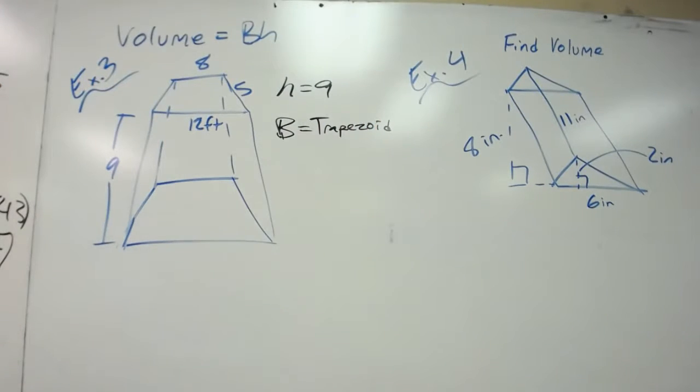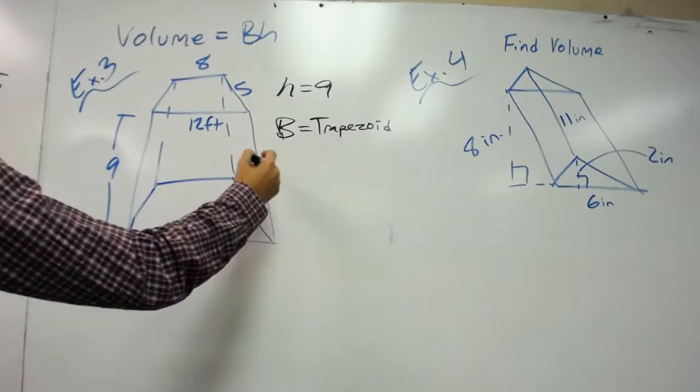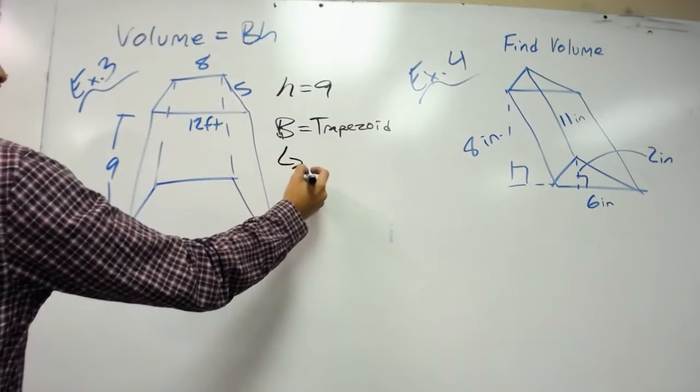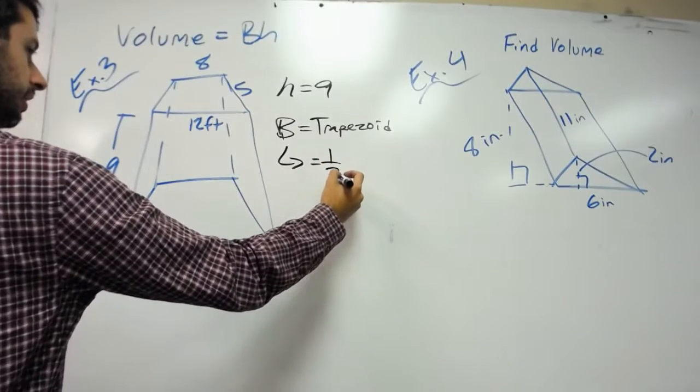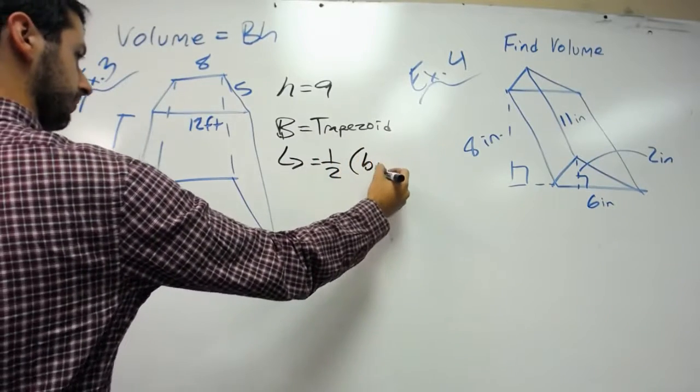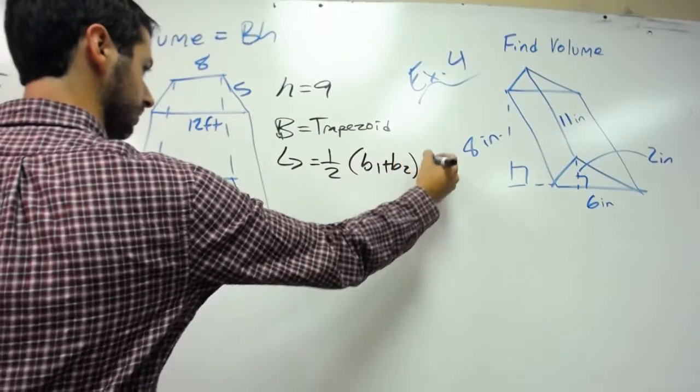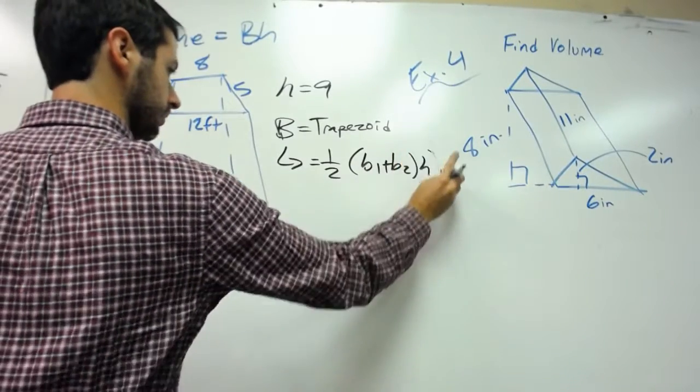So the formula for area of a trapezoid, if you remember, is 1/2 times base 1 plus base 2, times your height.